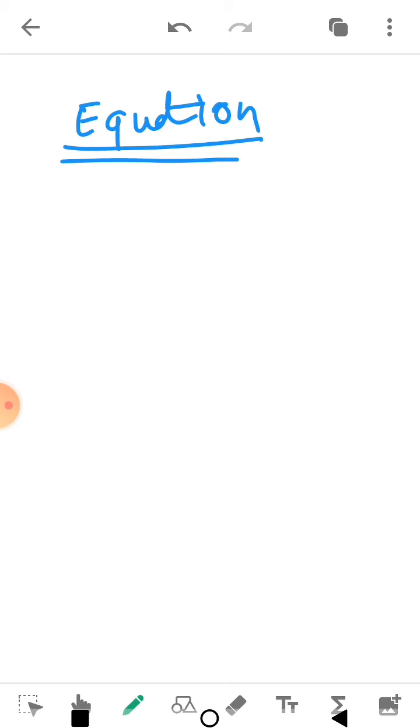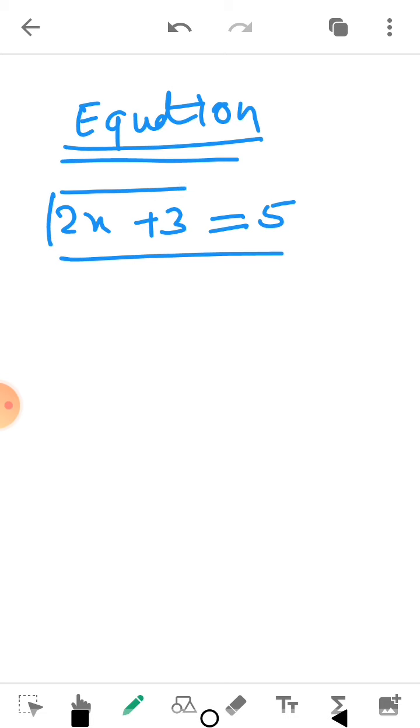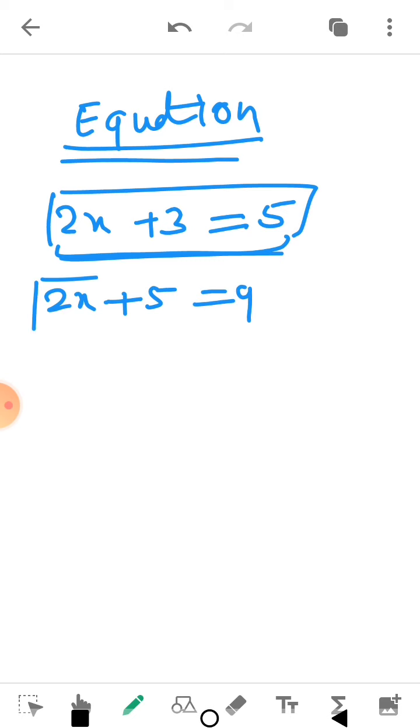That means one variable and one constant. For example, 2x plus 3 is equal to 5. This is a type of equation. Okay, 2x plus 5 is equal to 9. This is also a type of equation.